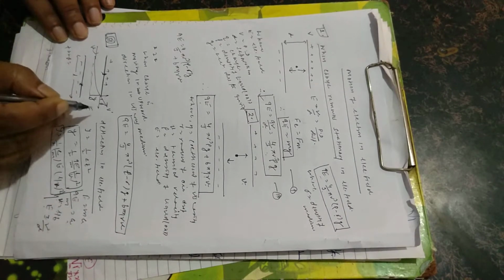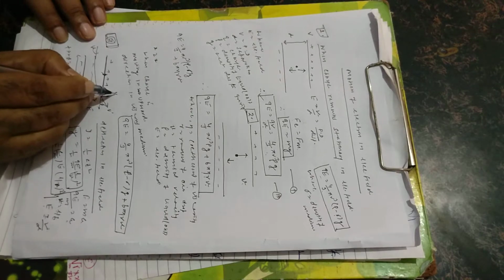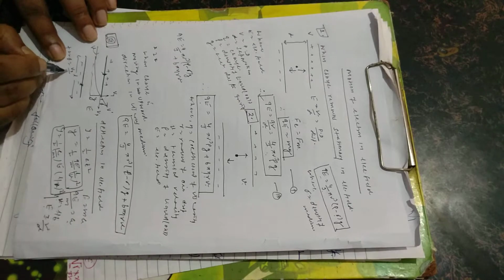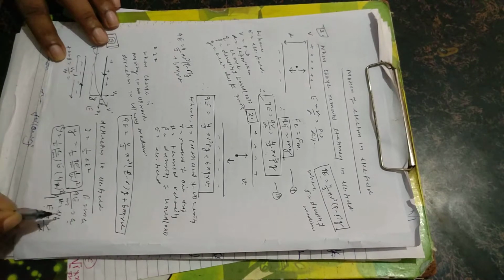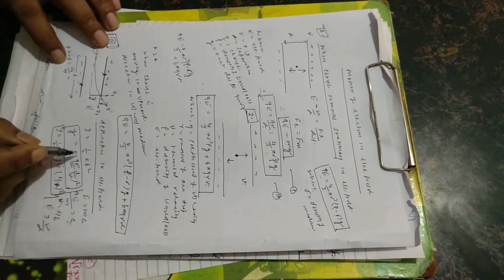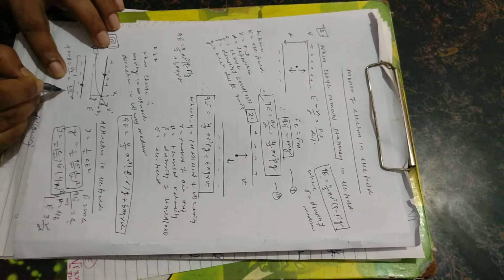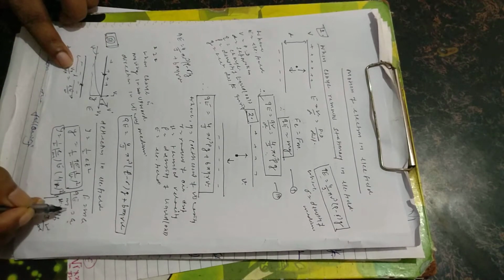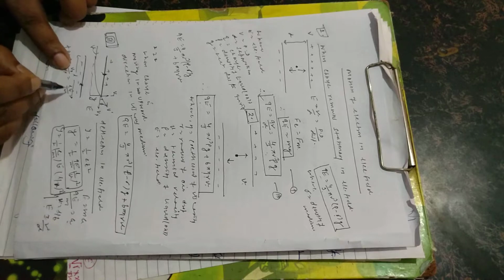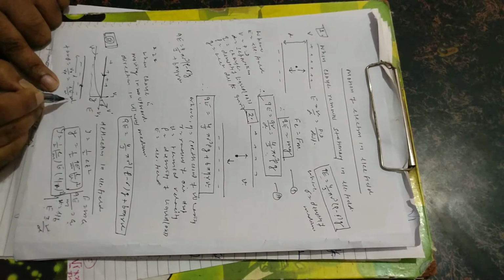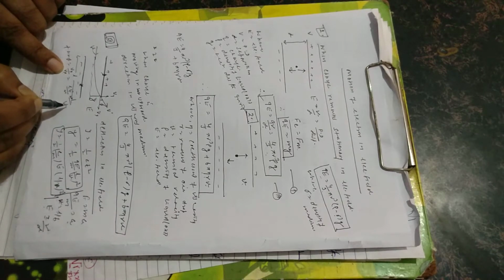Tan theta equal to Vy by Vx. Vy means a t, where a equals eE by m, so Vy = (eE/m)(t), and t is equal to L by v, so Vy = eEL by mv.